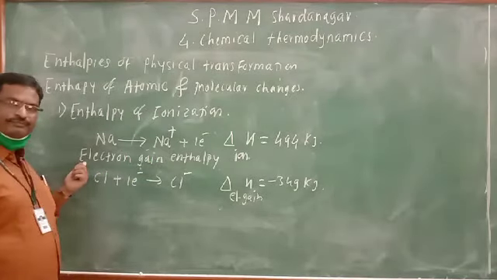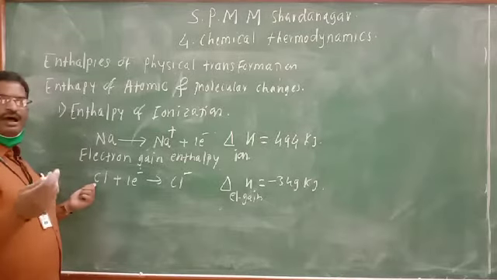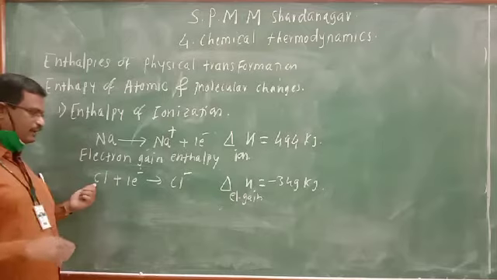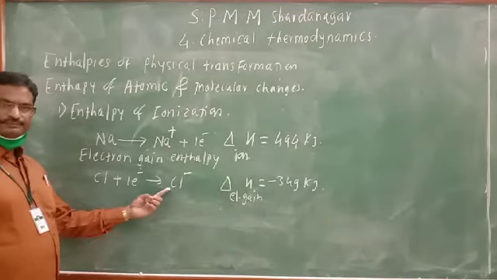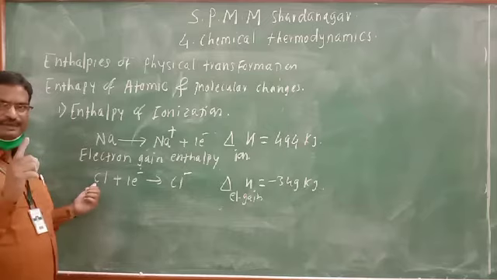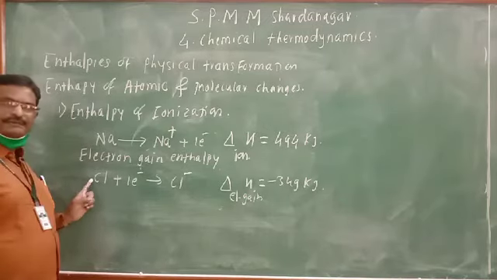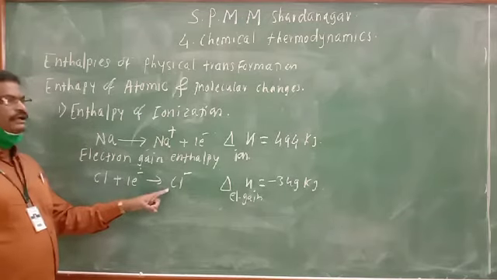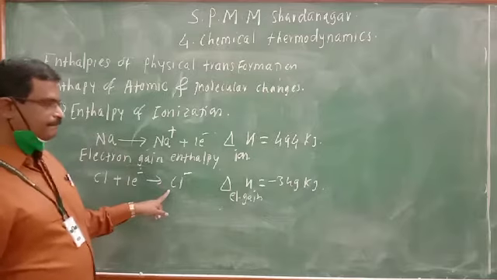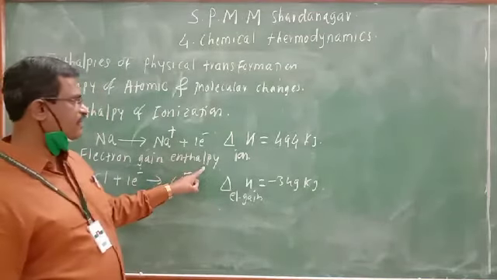So whenever the neutral atom attracts electron and is converted into the anion, the change in enthalpy whenever 1 mole atom of gaseous state gains electrons converted to their anion is known as electron gain enthalpy.